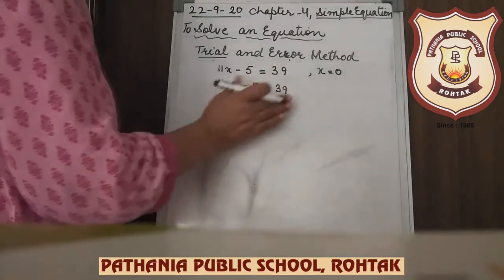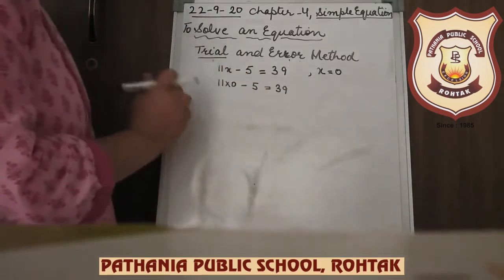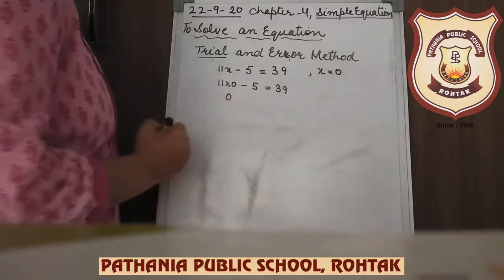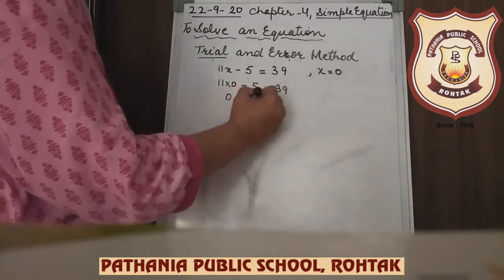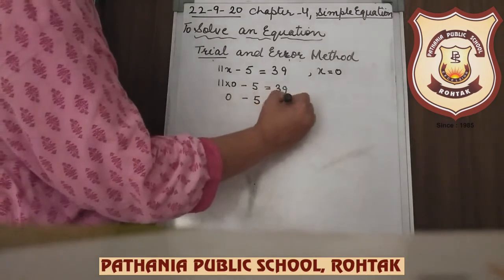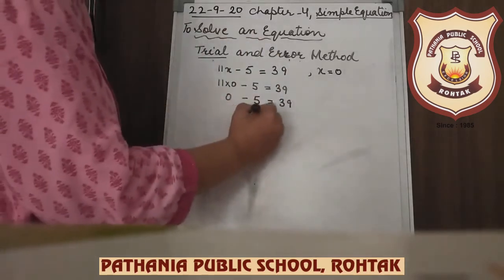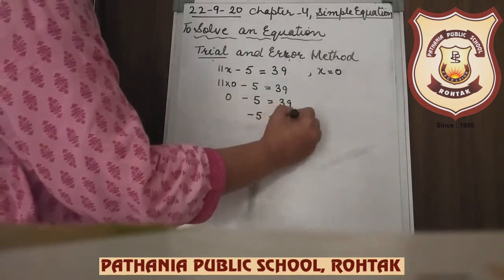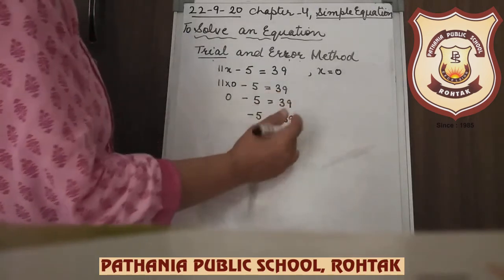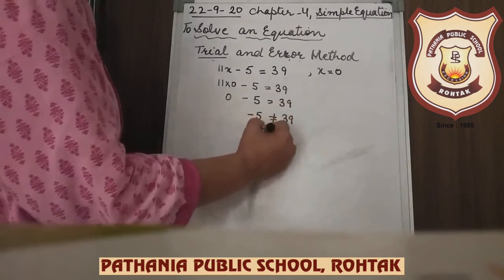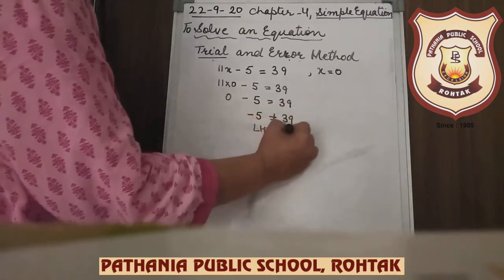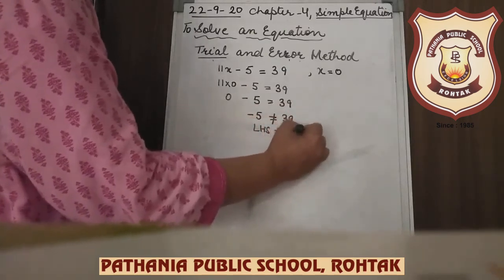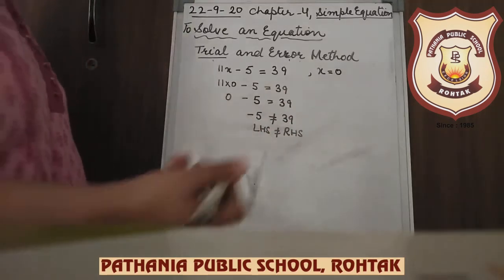This is just the equation where you are putting the value. Now 11 multiplied by 0 is 0, minus 5, and this is 39. So my left hand side is minus 5, whereas right hand side is 39, where they are not equal. So LHS is not equal to RHS. So I have to look for another value.